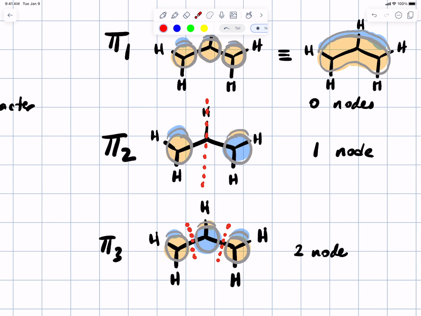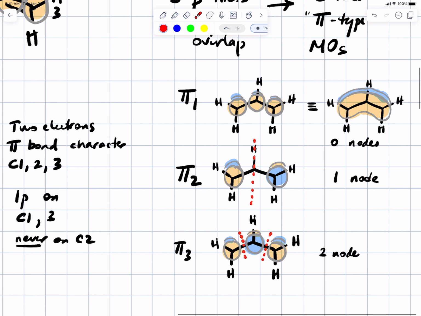All right. So what I would expect you to be able to do, if I hadn't identified the number of nodes and if I hadn't given you some clues as to how I'm naming these, is I would just draw these 3 pictures and ask you to rank them in energy from lowest to highest, and all you have to be able to do there is count nodes, okay?